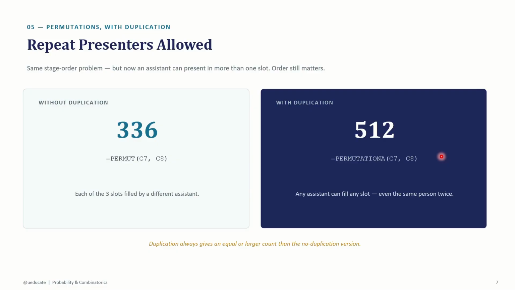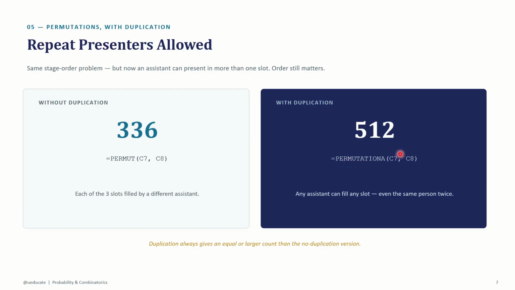Now let's talk about permutation with duplication, where repeats are allowed. What if Ravi decides an assistant can present more than once? Say the same person opens and closes segments. Order still matters, but now repeats are allowed. So this is the permutation with duplication function in Excel.